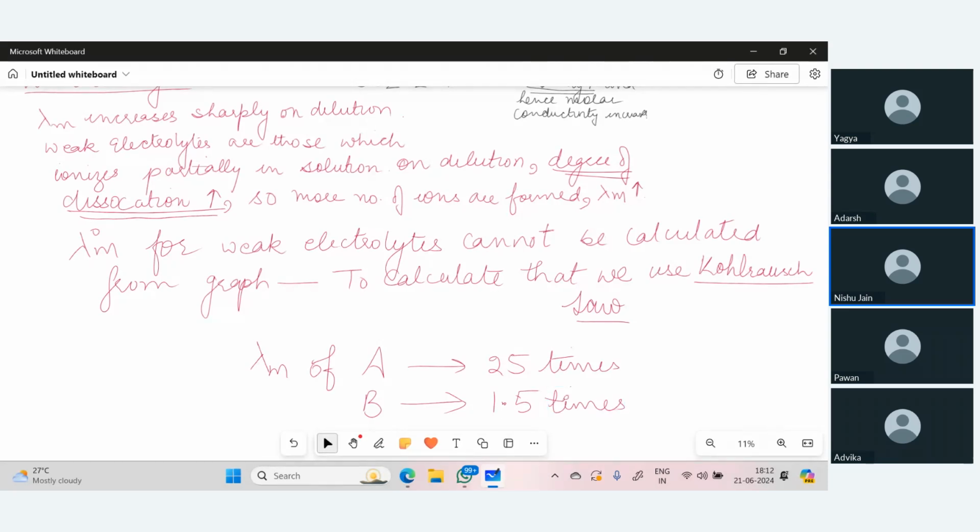Which one is strong? Which one is acetic acid and which one is HCl? I will start from you, you have to tell me the answer. Out of A and B, which is acetic acid and which is HCl?